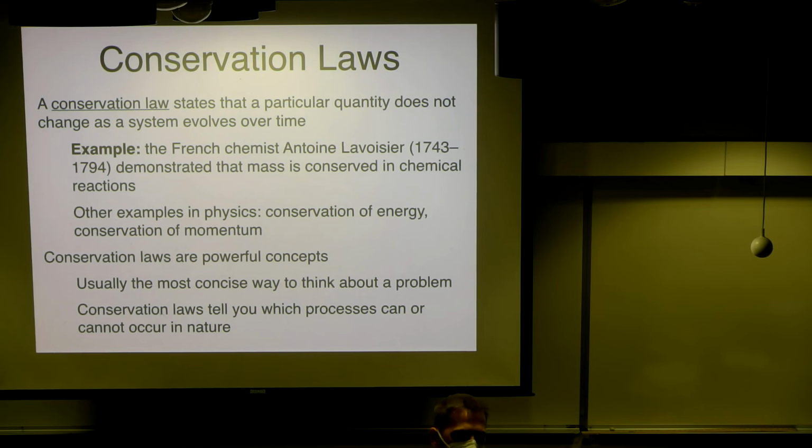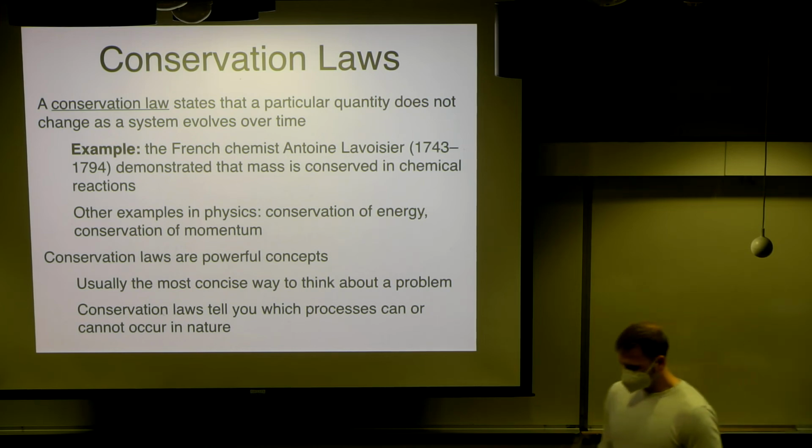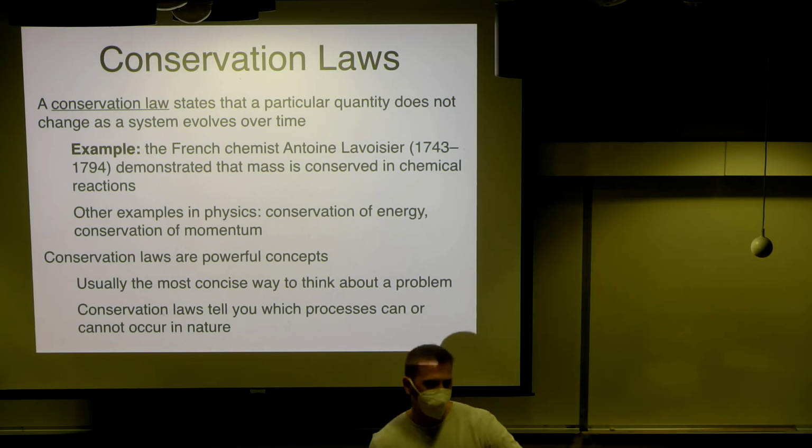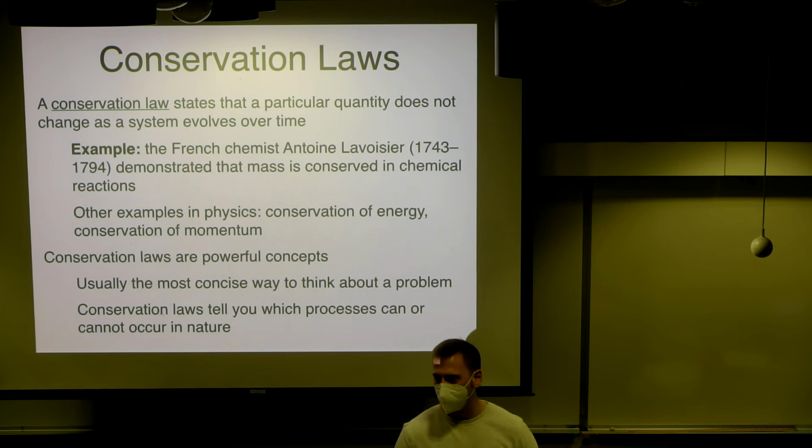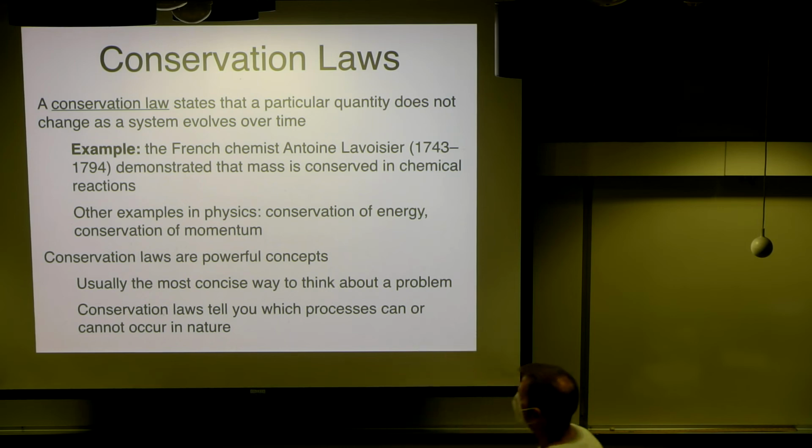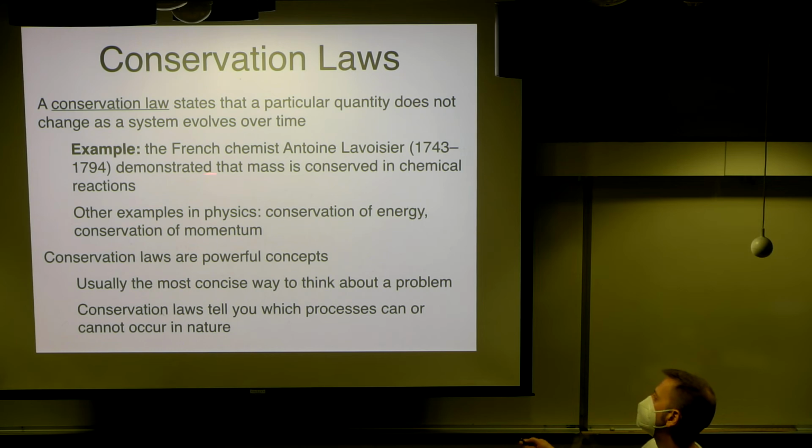But it's an example of something called a conservation law. Okay, what's a conservation law? It's just a statement that there's some kind of physical quantity out there in the world that doesn't change. So even though whatever system you're looking at might be undergoing some changes, there's something about that system that still stays the same even as it's doing something. For example, here's an example from chemistry.